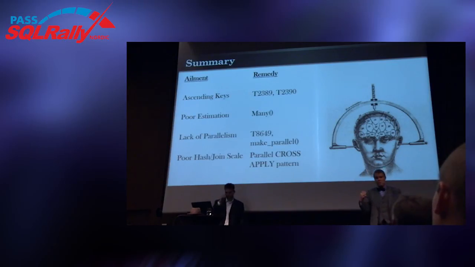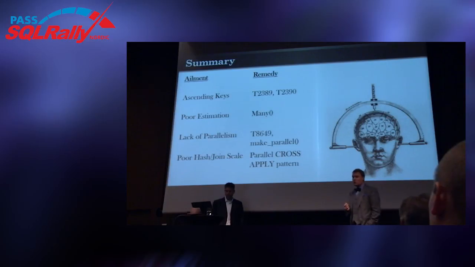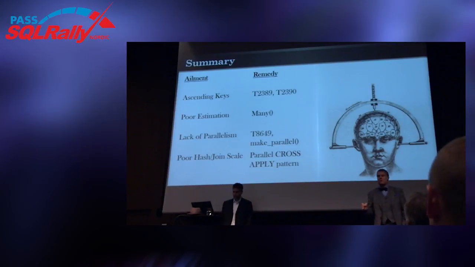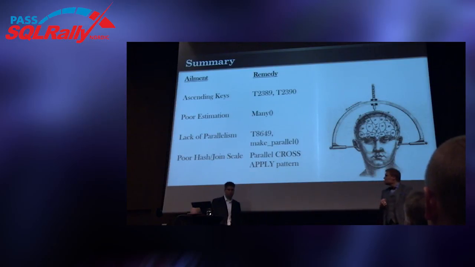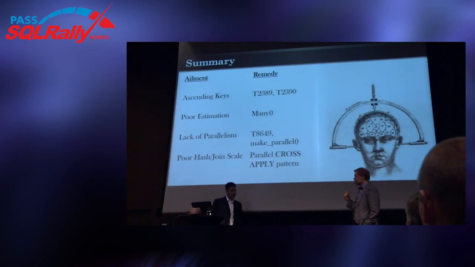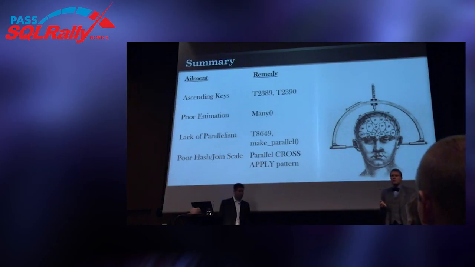We've seen that with the many function, you can control the estimates, determining exactly how many rows we want to be estimated. If we know better than the optimizer, which very often is the case, simply because we designed the data model. Parallelism can be forced with the trace flag, which requires system administrator. Adam's function, make parallel, solves the problem very nicely for you. And then finally, this beautiful cross-apply pattern to drive the parallelism.